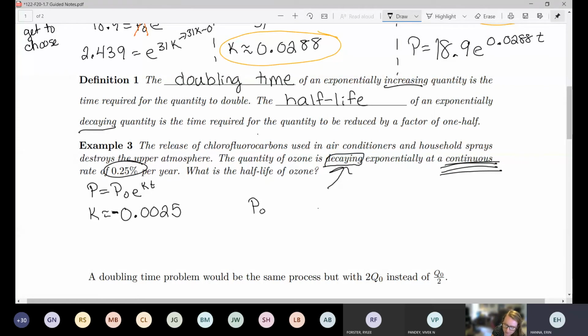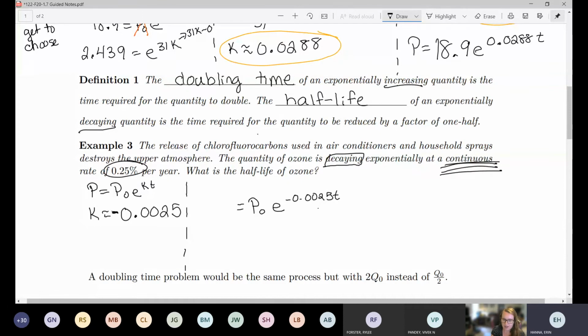So I have some P naught e to the negative 0.0025t. And I want to know the time it takes for the amount that I started with to be cut in half. So I want to solve for t, so I need to know what value to plug in for p over here.